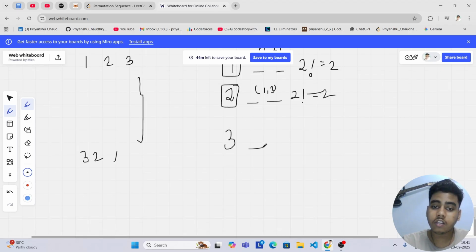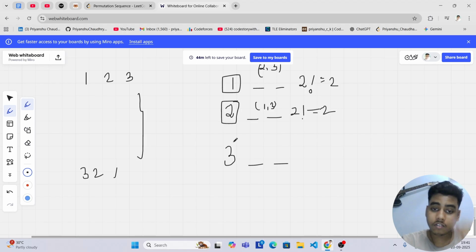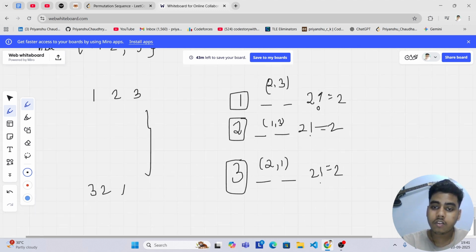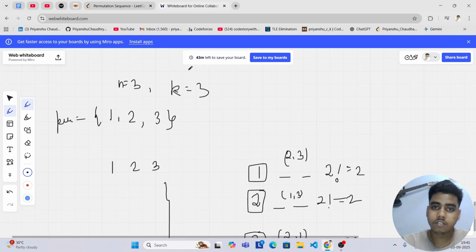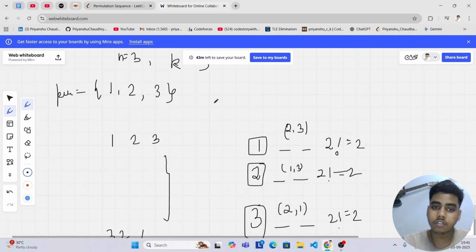Now if we fix the first one as 3, we can fill either 2 or 1, so again 2 factorial. We want here the third permutation.